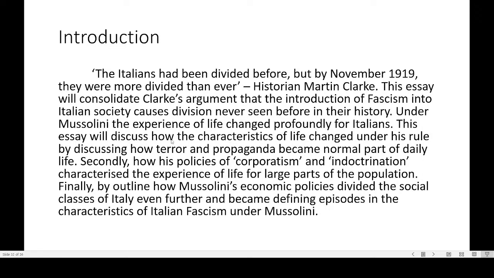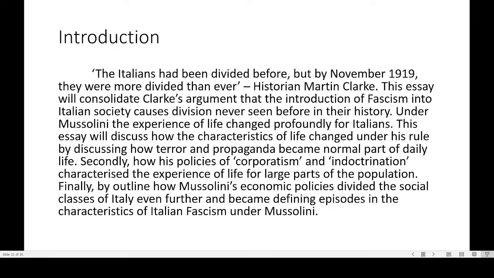This essay will discuss how the characteristics of life changed under his rule by discussing how terror and propaganda became a normal part of daily life. Secondly, how his policies of corporatism and indoctrination characterized the experience of life for large parts of the population. Finally, by outlining how Mussolini's economic policies divided the social classes of Italy even further and became defining episodes in the characteristics of Italian fascism under Mussolini.